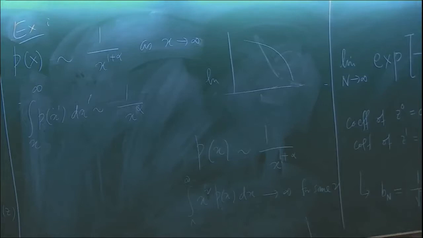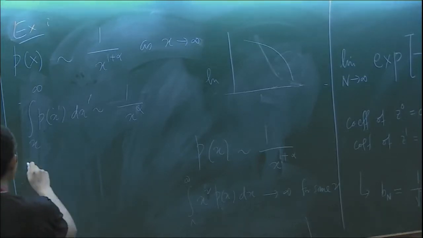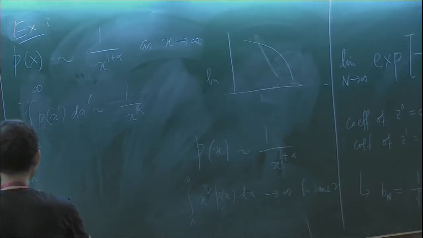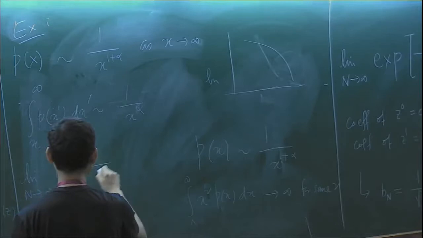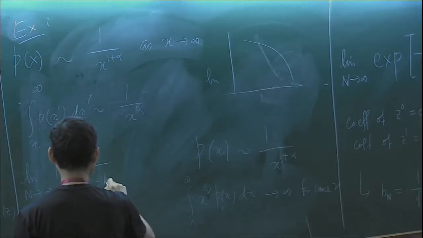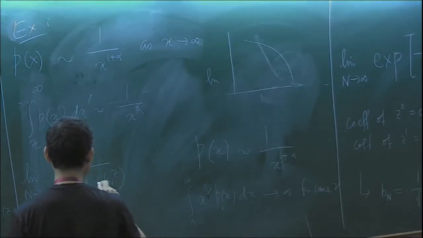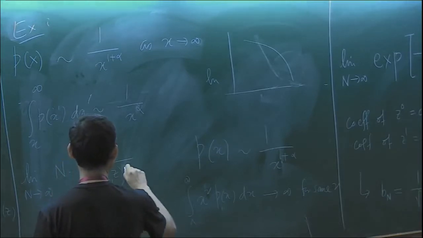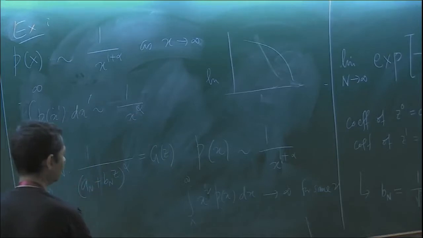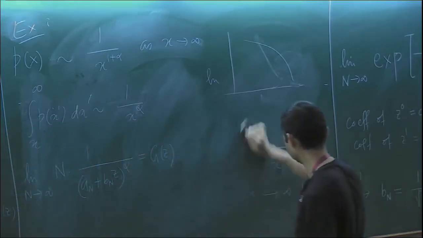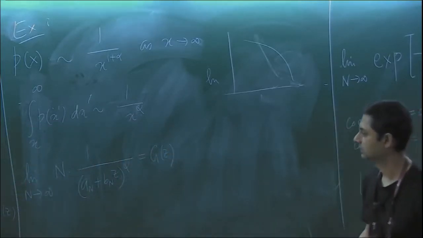So now, what does this criterion say? That the limit as n goes to infinity of n times this, with a_n plus b_n z to the power alpha, should be equal to G of z.